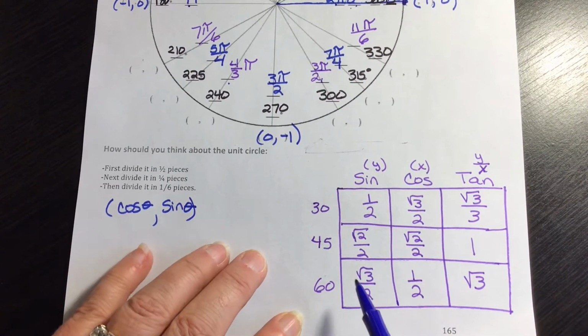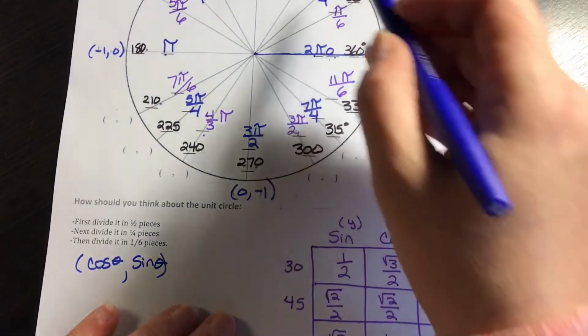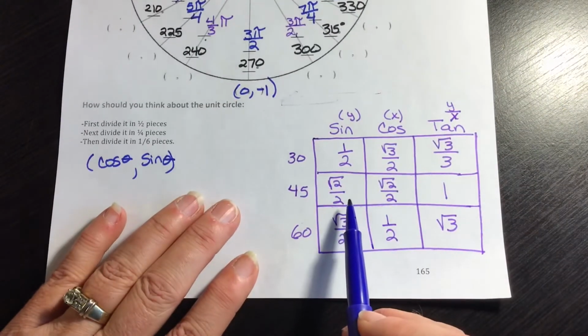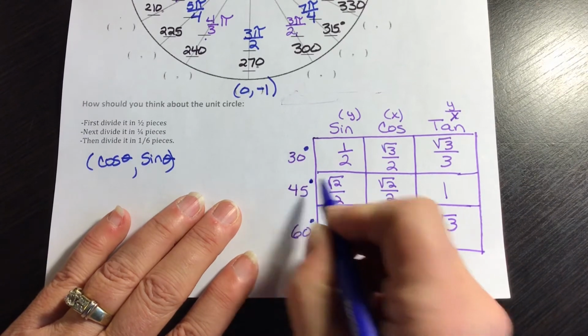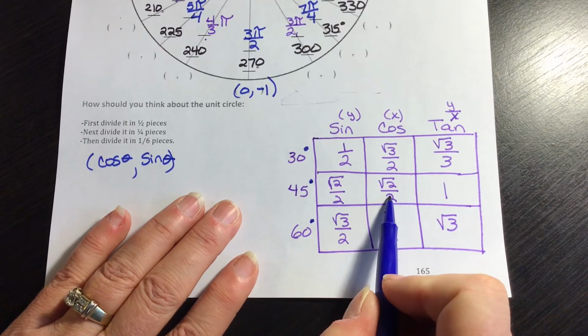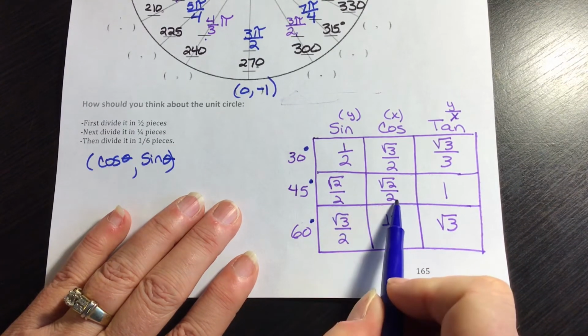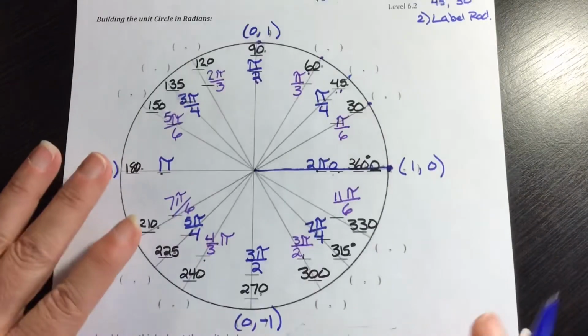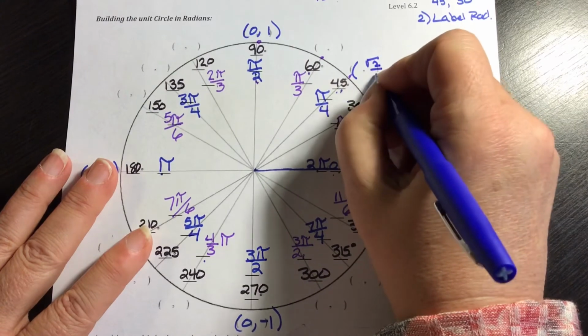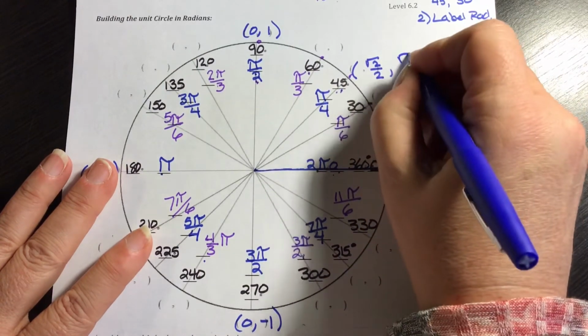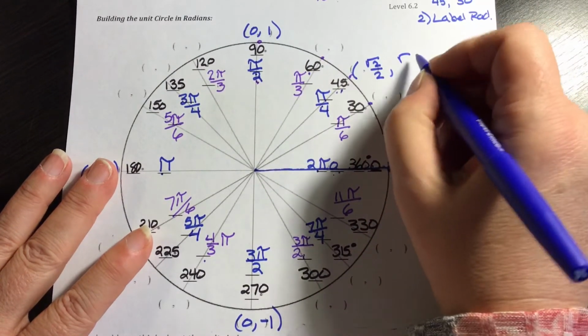If I look at just the special angles that go with the right triangles, for pi over 4, which is 45 degrees, my sine and cosine are the same value. They're both the square root of 2 over 2. So I'm going to put square root of 2 over 2 in here for both my x and y coordinate.